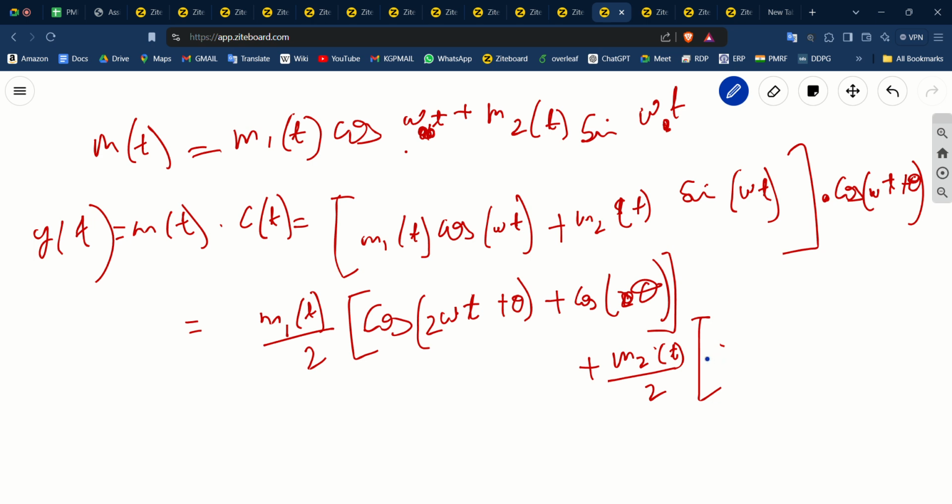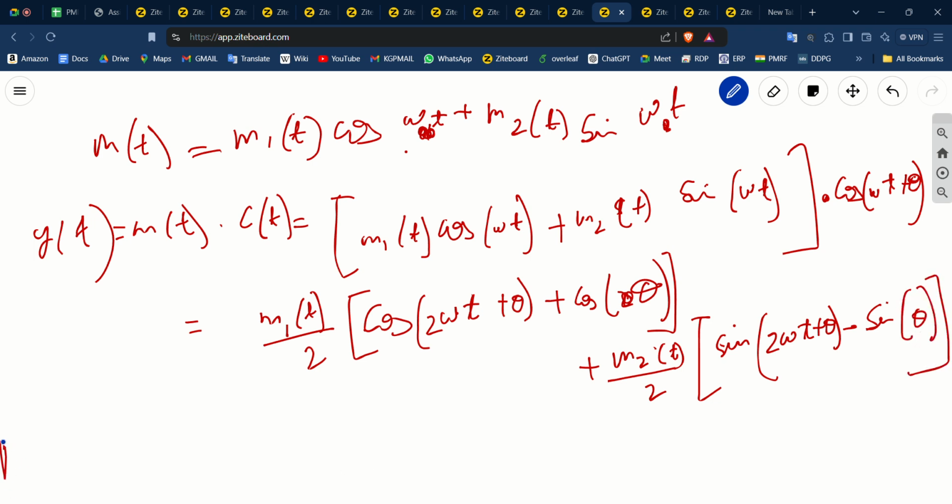So sin(a plus b) plus sin(a minus b). So sin(a plus b), which is sin(2 omega t plus theta), plus sin(a minus b), which is minus sin theta.